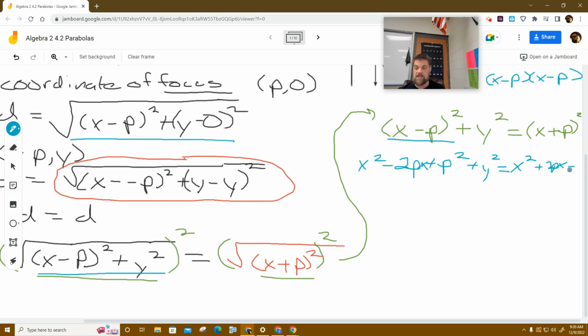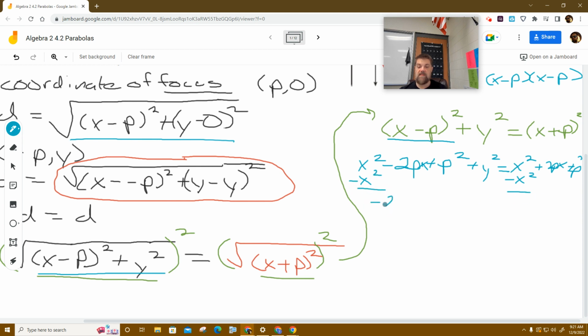And then plus p squared. So now I need to start isolating some variables, right? So if I subtract x squared from both sides, what happens? They cancel.